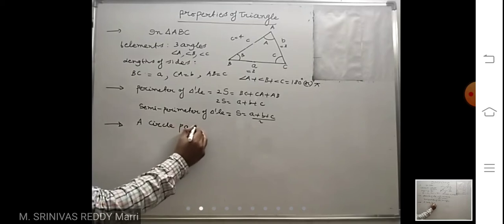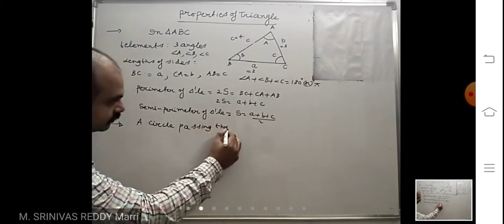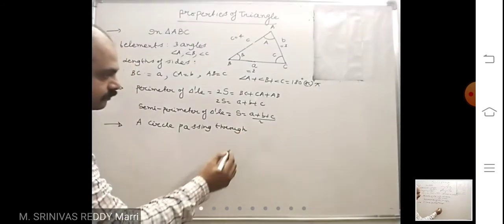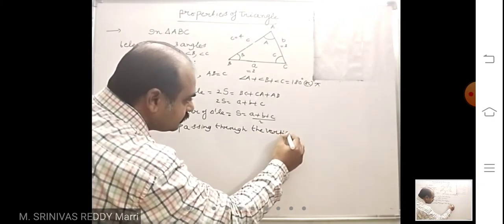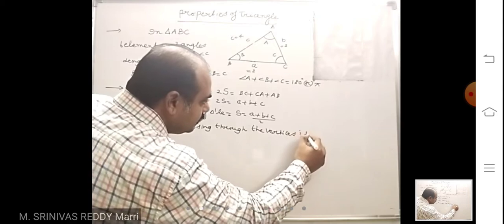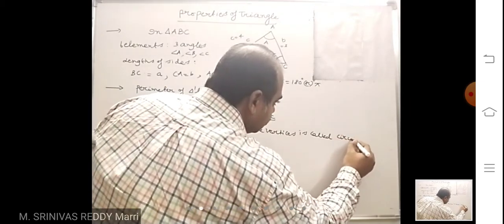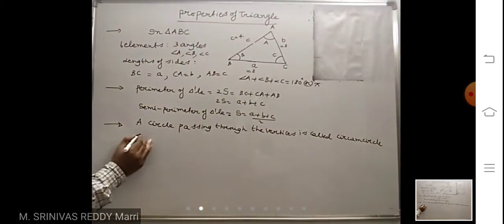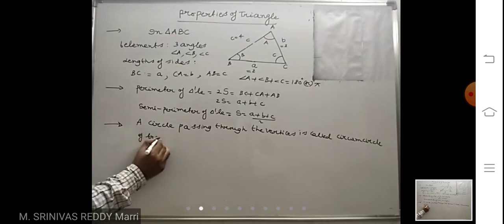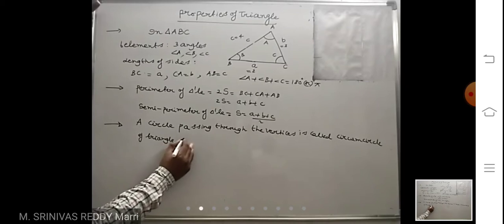A circle passing through the vertices is called the circumcircle of the triangle.